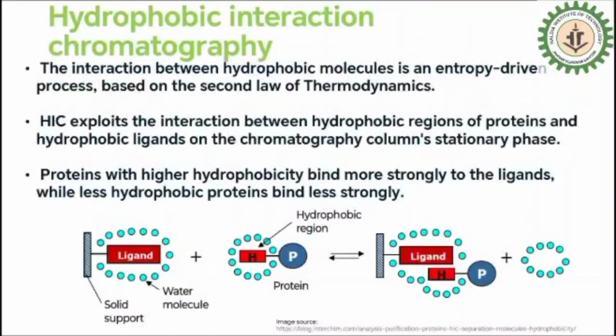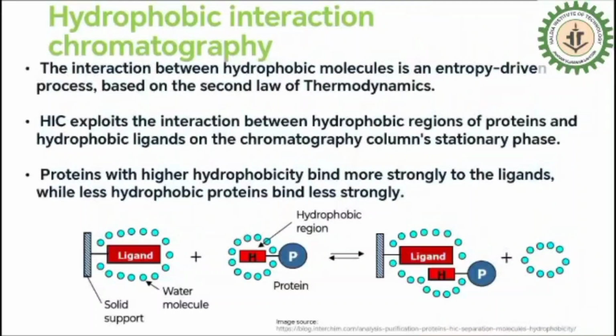Next is hydrophobic interaction chromatography. The interaction between hydrophobic molecules, an entropy-driven process based on the second law of thermodynamics, is used for hydrophobic interaction chromatography. It explores the interaction between hydrophobic regions of proteins and hydrophobic ligands present on the chromatographic column.